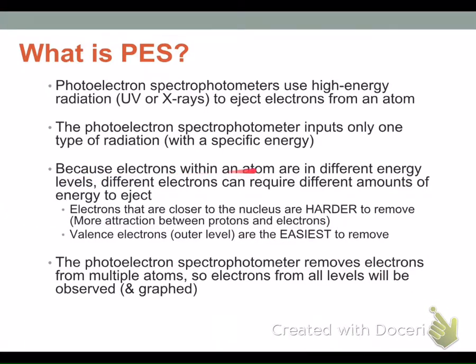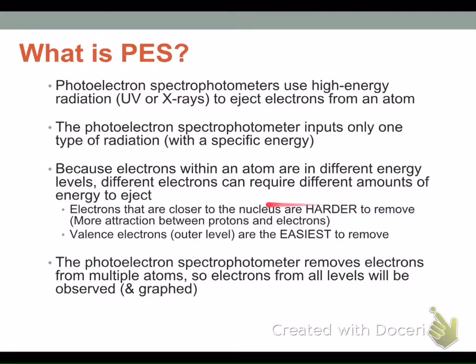Since electrons within an atom are in different energy levels, different electrons require different amounts of energy to eject. The ones that are harder to remove are the ones closest to the nucleus, closest to that positive charge. Coulomb's law tells us that the closer you are, the larger the force of attraction is going to be.